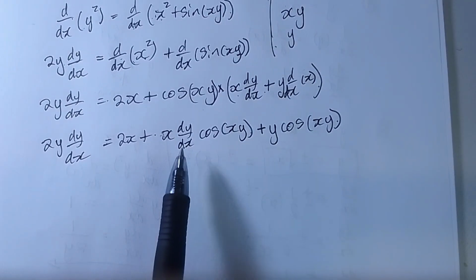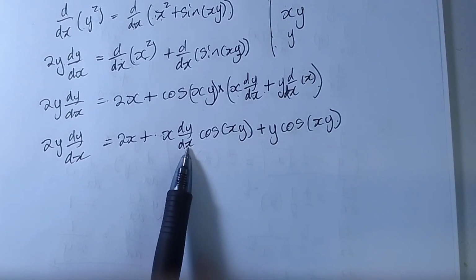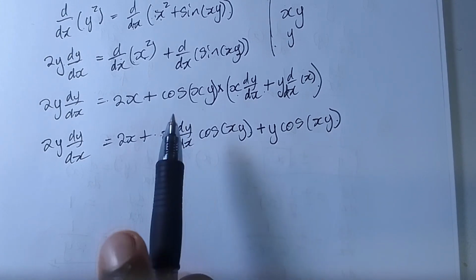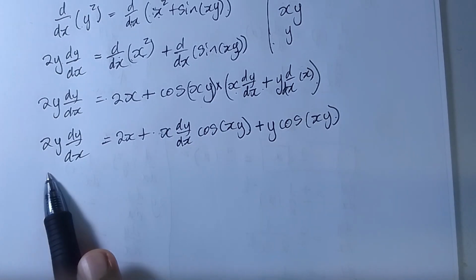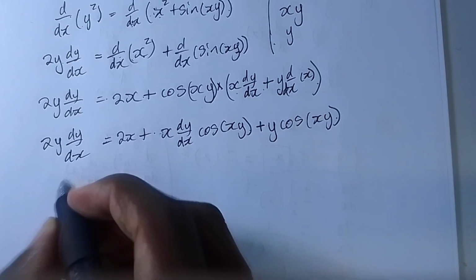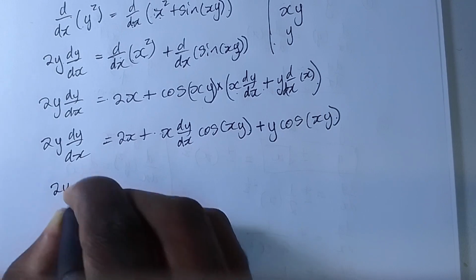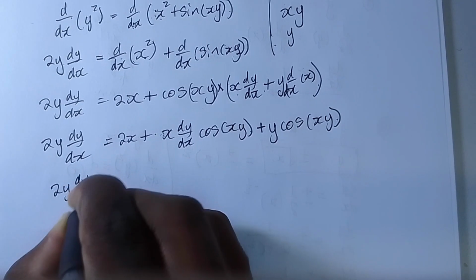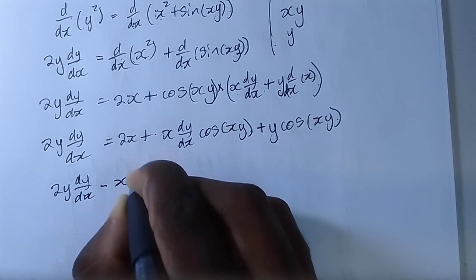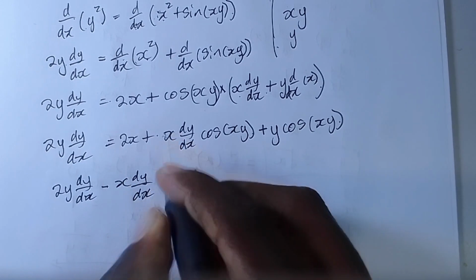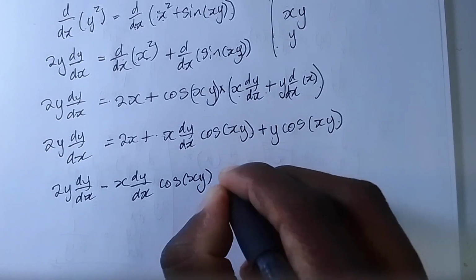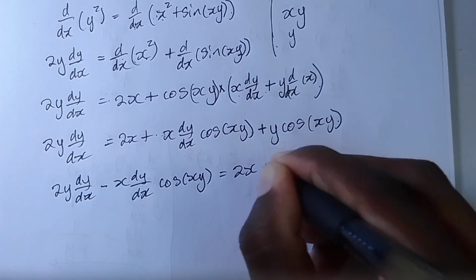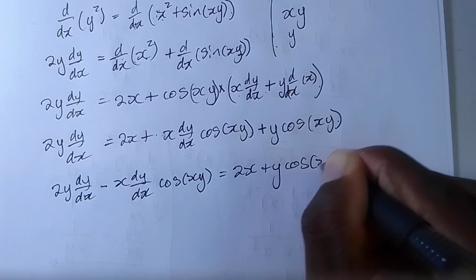Now we need to make dy on dx the subject of the formula. So to do that, we need to transpose this into that side. I think that's the easier way. So we'll have 2y dy on dx minus x dy on dx cos xy is equal to 2x plus y cos xy.